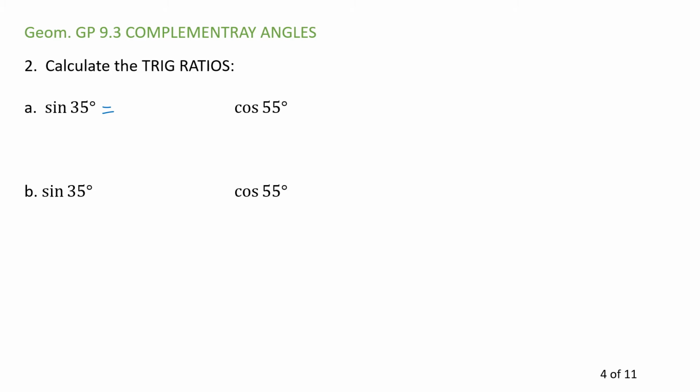Continuing with this, the sine of 35 is equal to 0.5736. Somebody has already done that calculation for me. But if you look at the complement of that, if you go to the other corner and use the cosine, it ends up being the same thing. Likewise, I've actually got the same problem twice here.